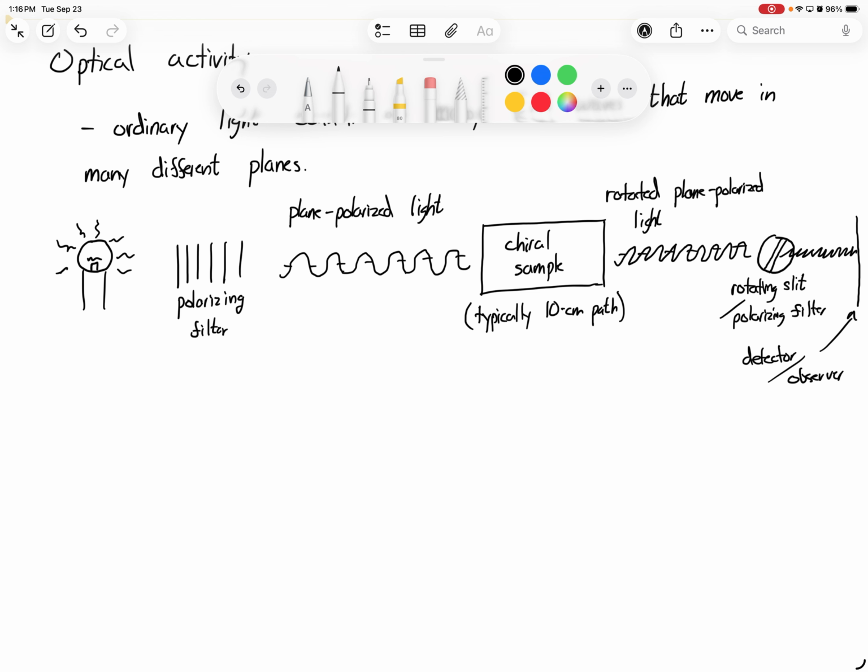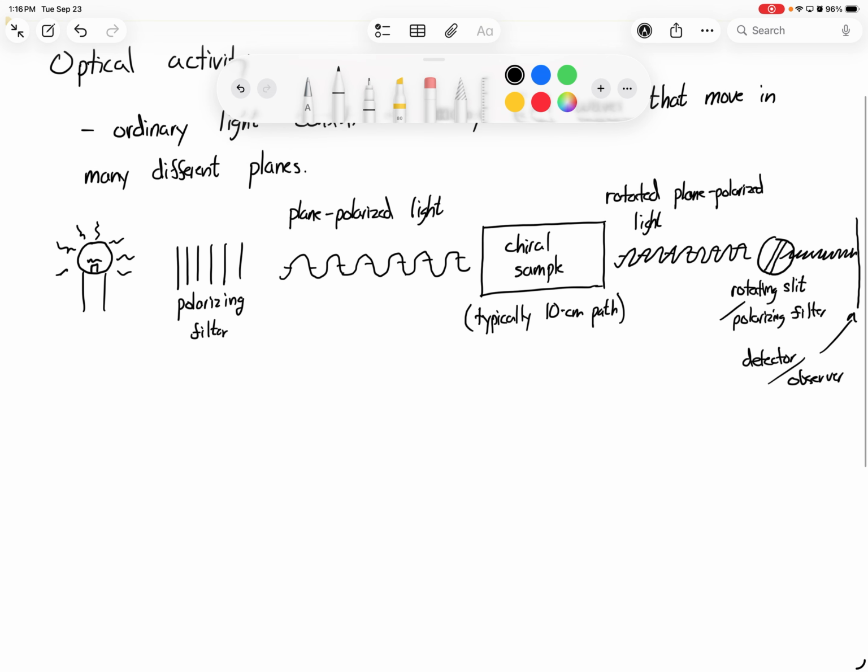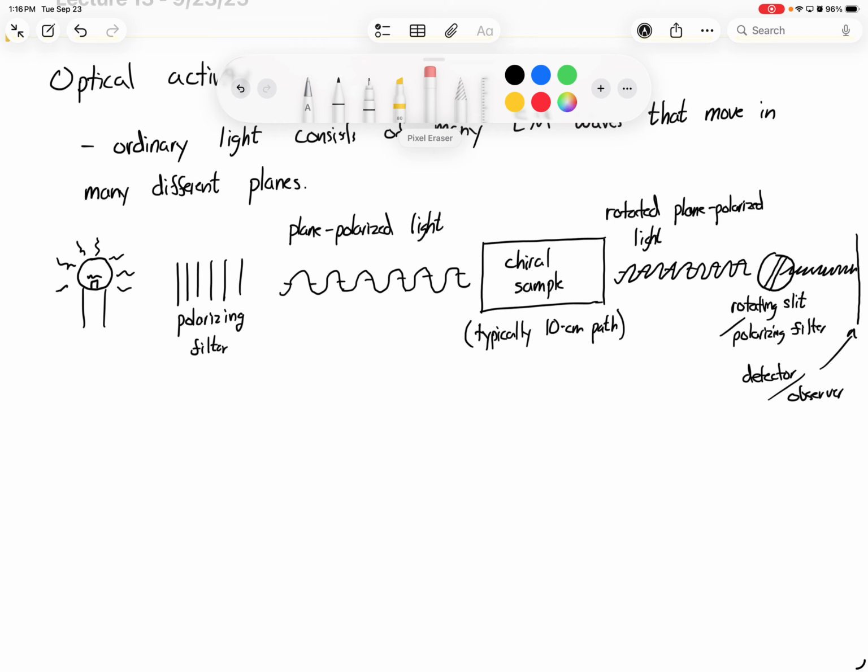Now, if you have the other enantiomer, your value would be the same, but opposite in sign. So that's how you tell which enantiomer you have. Is the number positive or negative? Okay. All right, so that's how light is rotated, and that's how we tell if something's chiral.